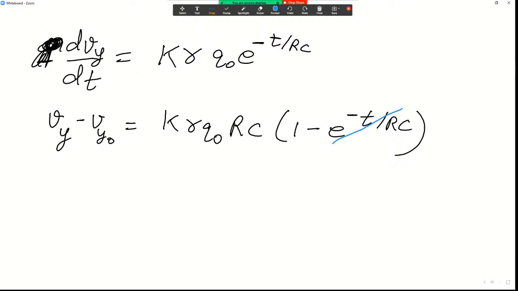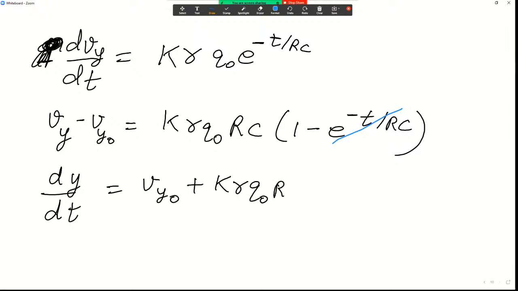Yeah, then that will work out. No, it would get 0 after we integrate once more. So if we write this as dy by dt equals Vy0 plus K R Q naught RC times 1 over e to the power minus T by RC, and then we can integrate it again.